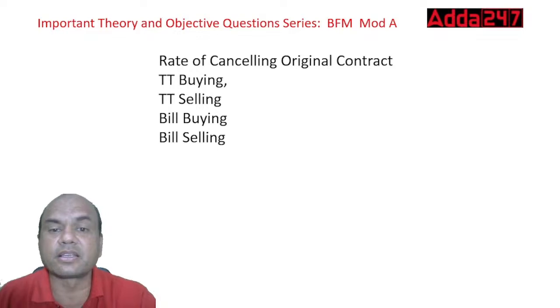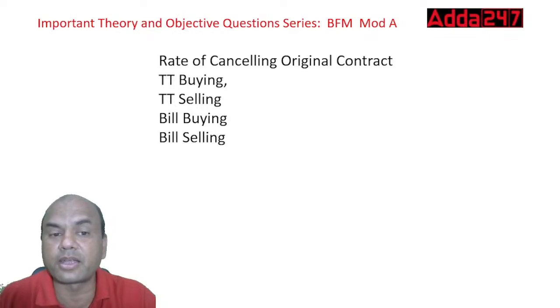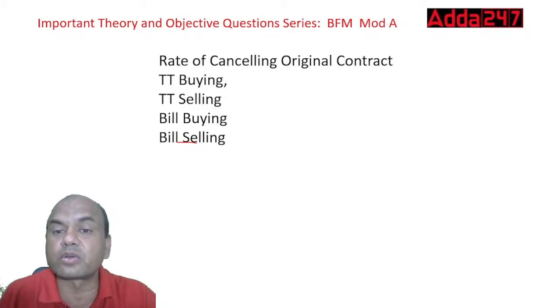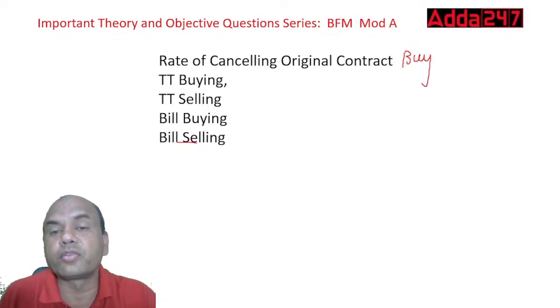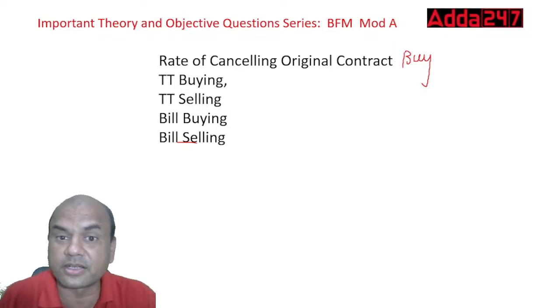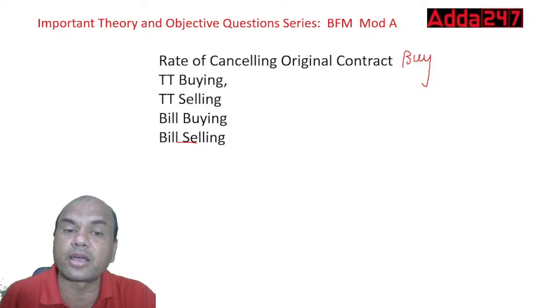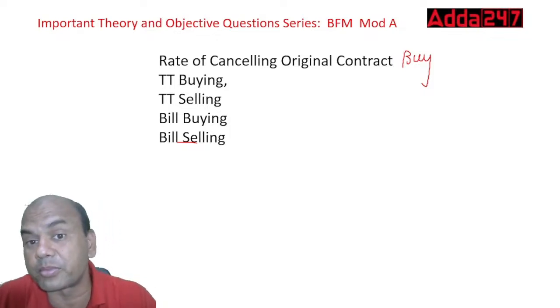Rate of cancelling the original contract: whenever we cancel the original contract, at what rate is it done? TT buying, TT selling, bill buying, bill selling. Sir, it depends on what rate we are talking of. Suppose I am calling the buy rate. If I have purchased this dollar earlier, I might have purchased it at either bill buying or TT buying, depending on the type of transaction.